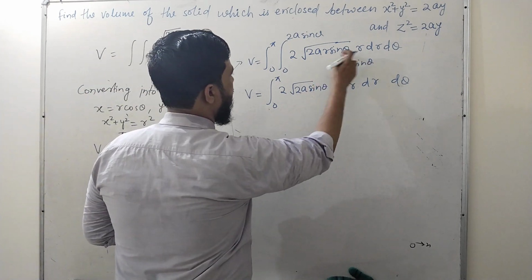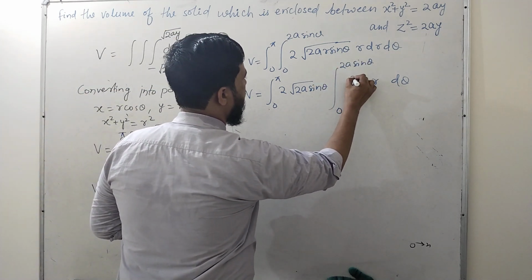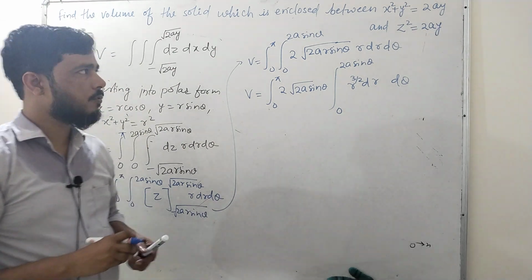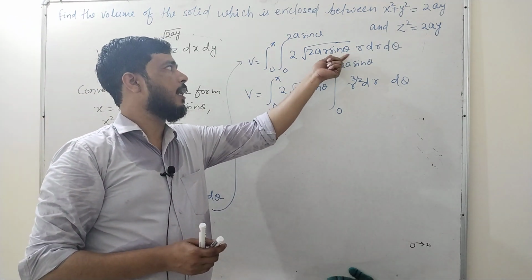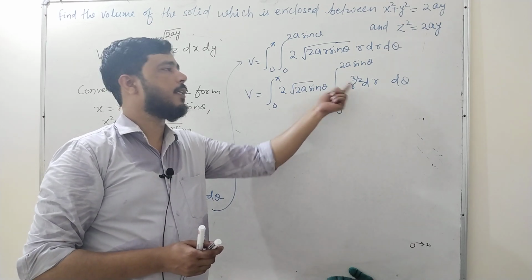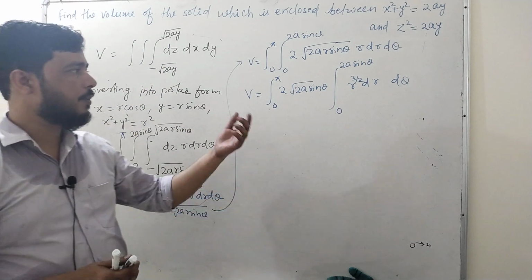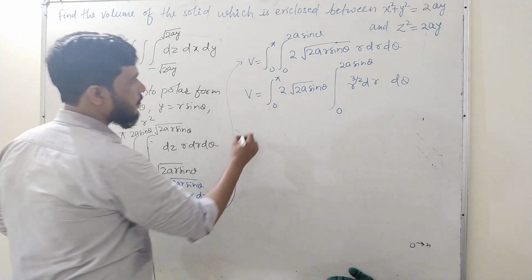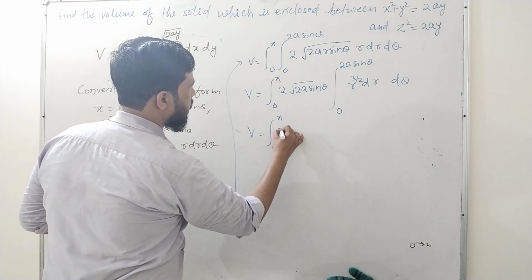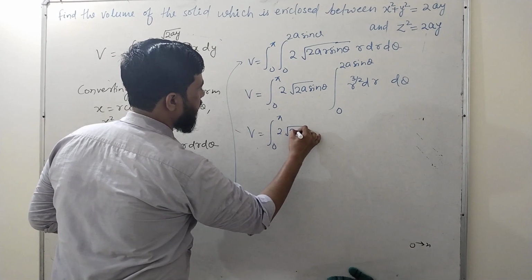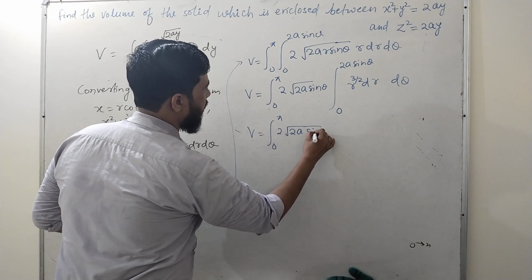Here we have r times √r, and on multiplying r and √r we get r^(3/2).